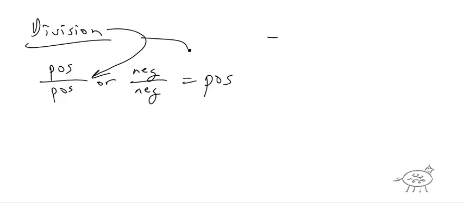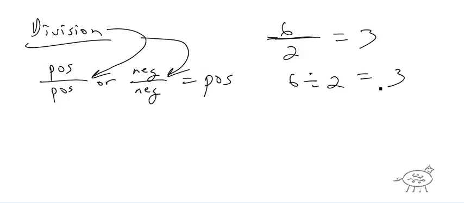This is a fraction. A fraction is really just division. So if I said something like 6 over 2, that's the same thing as 6 divided by 2. I'm saying how many times can 2 go into 6? And that's equal to 3. So division is the same thing as a fraction. Very, very important. So if you see negative 6 over negative 2, that's equal to 3.